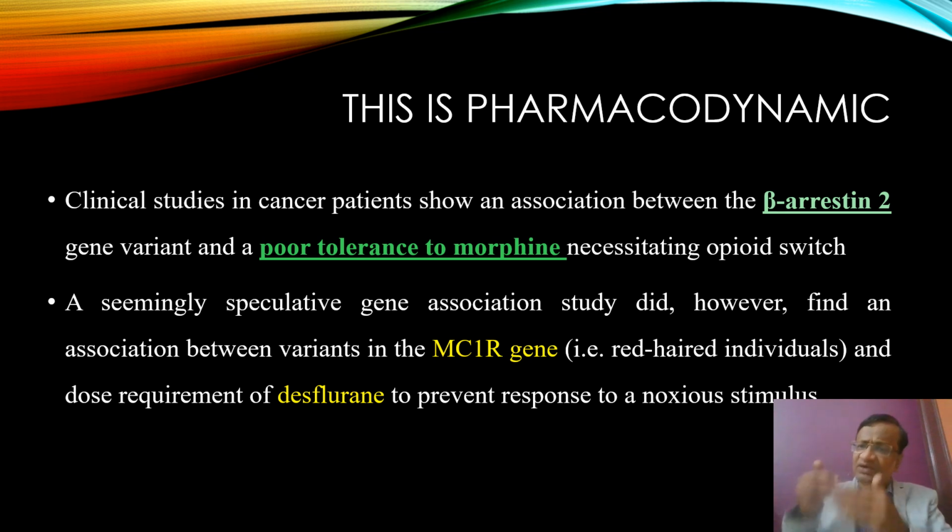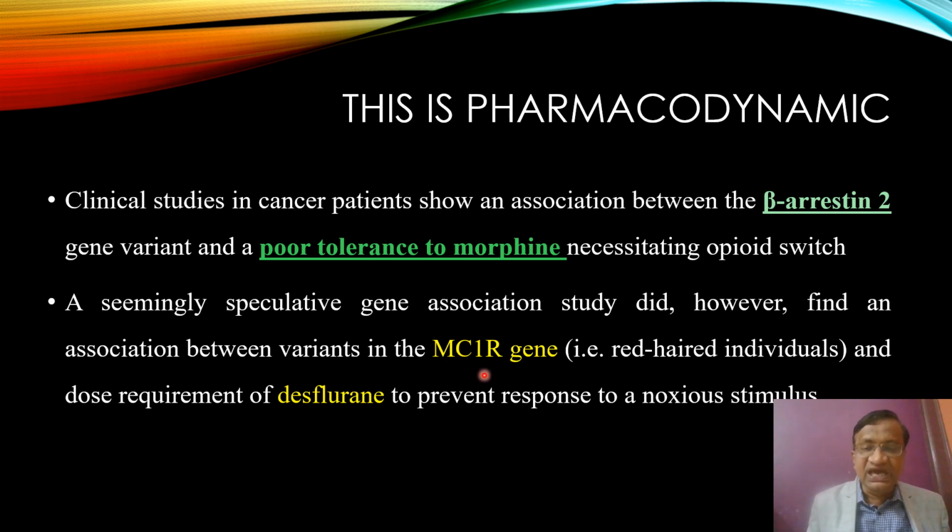Now we will go to pharmacodynamics. There is no problem in pharmacokinetics. We are giving the same concentration, but there are differences in pharmacodynamics. If the patient has a beta-arrestin 2 gene variant, they will have a poor tolerance to morphine and may need an opioid switch.